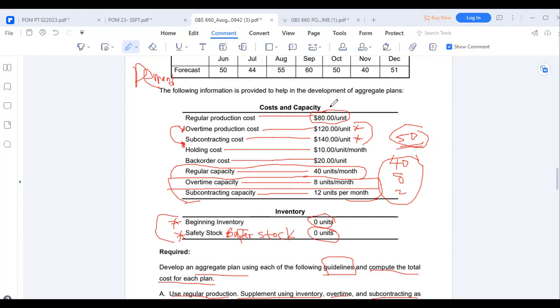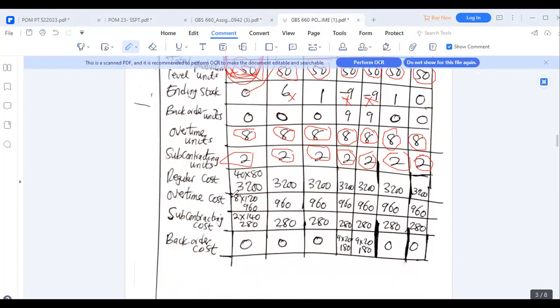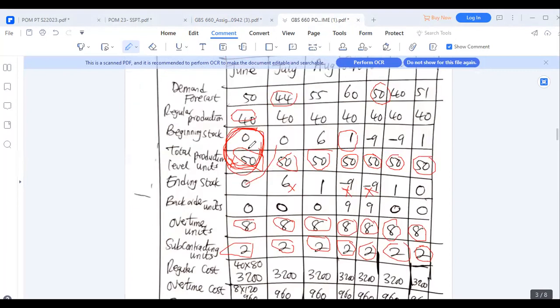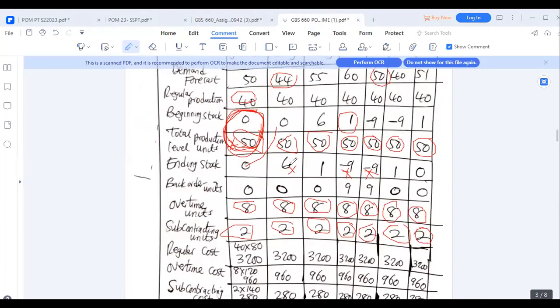Okay. So this is what we have here. We are going to have now our regular cost, which will be the 40 throughout multiplied by 80.